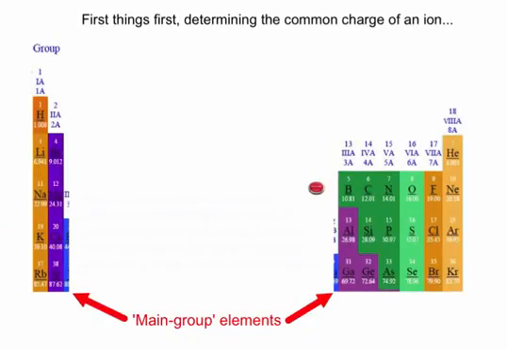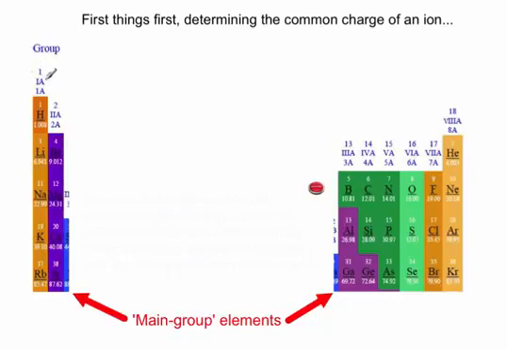So first things first, just to remind you how we come up with the charge on an ion. For ionic compounds, we want to quickly come up with the charge of both ions involved, and that allows us to put things together. So of importance here, and I've just isolated the main group elements, that is the groups on the extreme left-hand side of the periodic table and the extreme right-hand side, and we want to focus in on these Roman numerals.